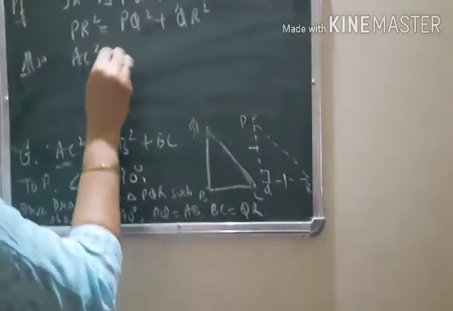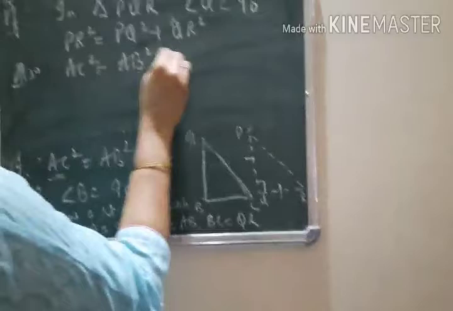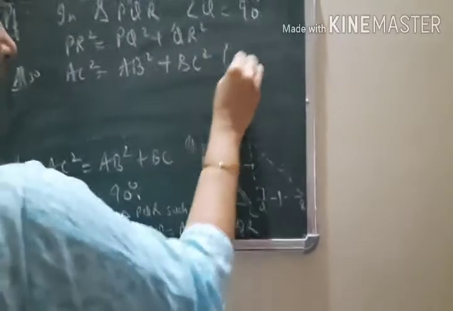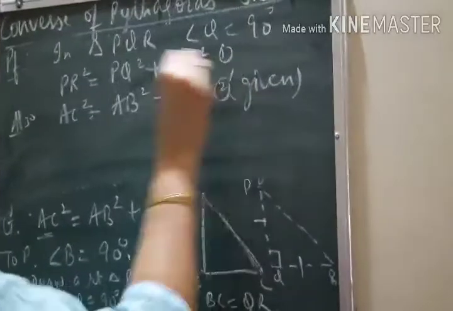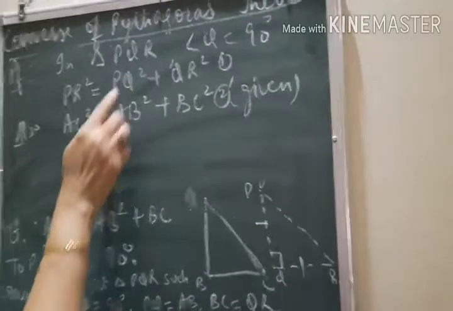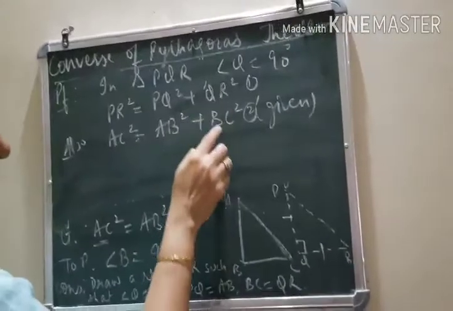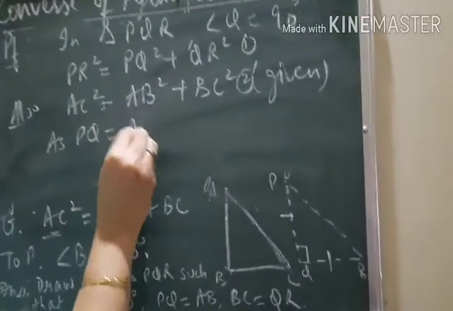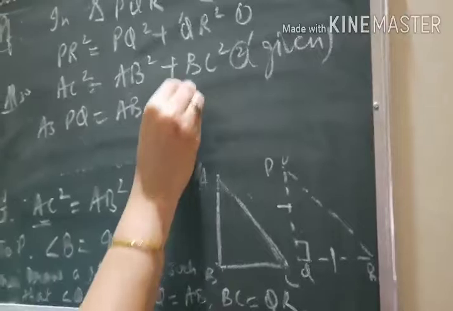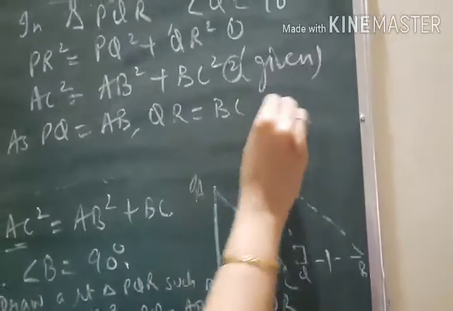AC square is equal to AB square plus BC square. This is given. Let this be 1, this be 2. From 1 and 2, you know that PQ and AB are equal, QR and BC are equal, which we have taken in the construction.